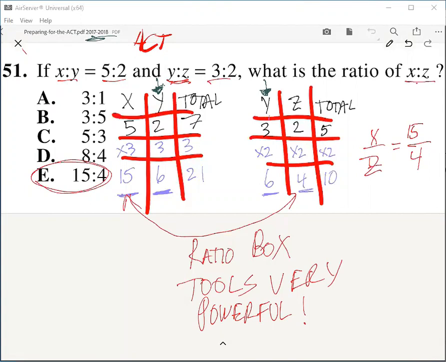I neglected to mention this is a number 51 question on the ACT. Generally, the more questions you answer, the more difficult they become. There are 60 questions on the entire exam, so a 51 would be considered relatively difficult. But if you know how to set up ratio boxes, this is not a tough problem at all.